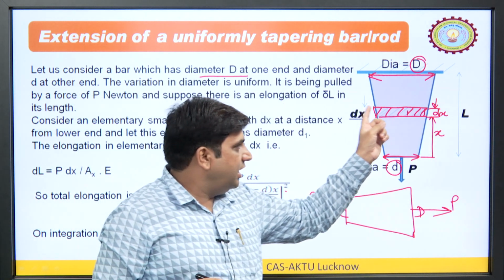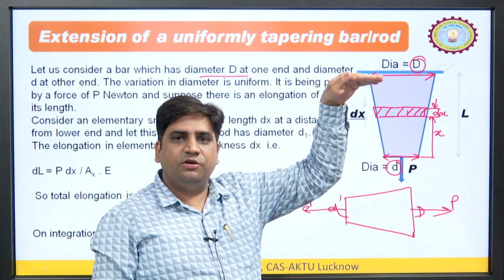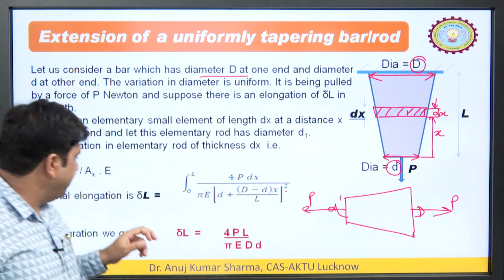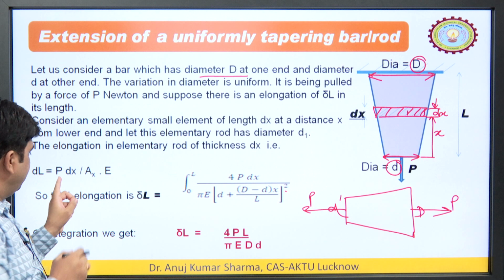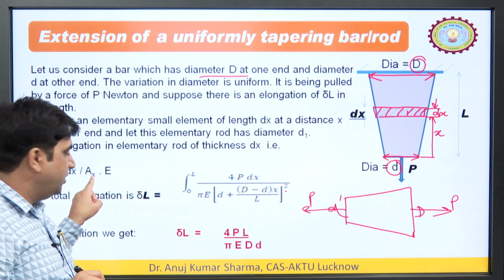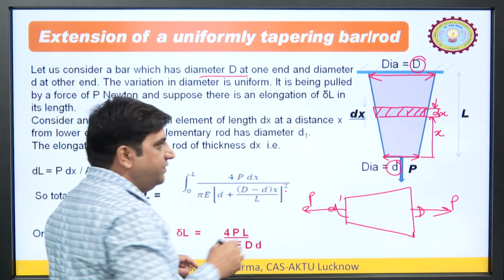So, the length of the rod is dx, and this is the load. In series the load is shared by all the members, so the load would be the same, P. So, delta L is equal to P into L, here L is dx, so P dx upon Ax, where Ax is the area of this.